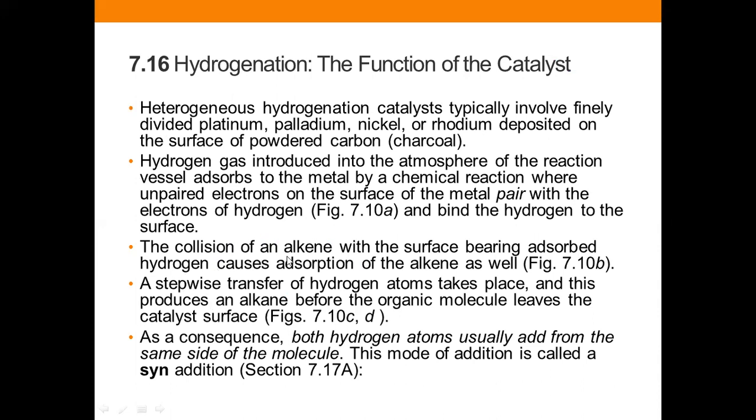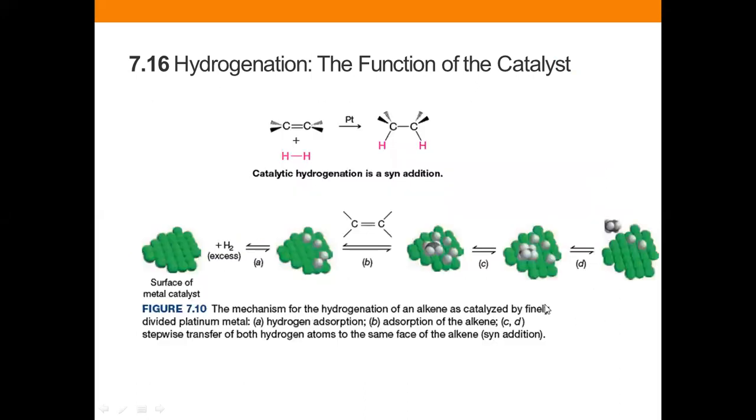Then there is a collision of the alkene and the catalyst, your palladium or nickel. The collision of our reactants, alkene and catalyst, causes the adsorption of the hydrogen to the alkene, in a stepwise reaction.